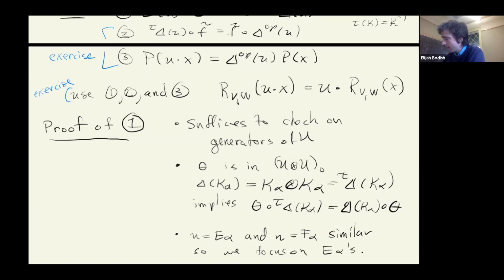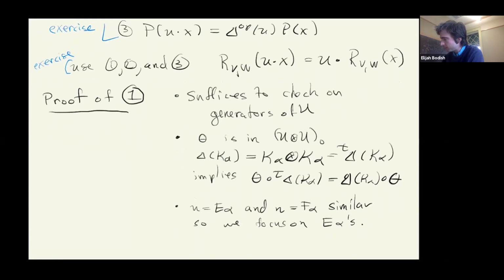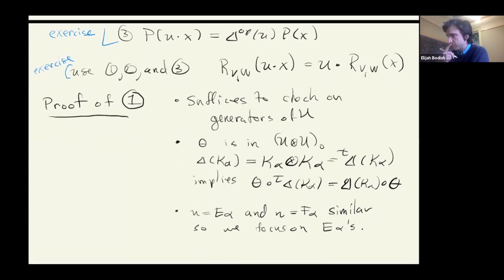And then there's one more reduction at this point, which is it suffices to show, and the reason is because theta is this sum of theta mu's, it suffices to show that the following equation holds.